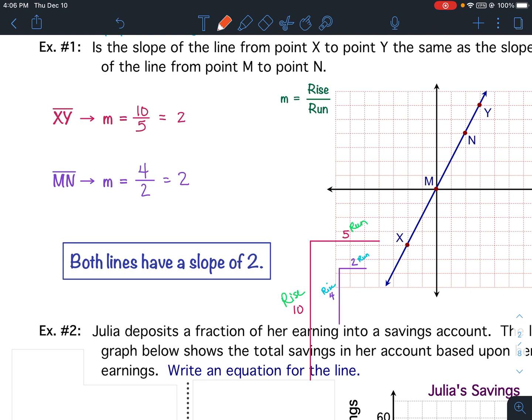I could pick a point here and this Y. That would be a rise of 8 and a run of 4. 8 divided by 4 is 2.